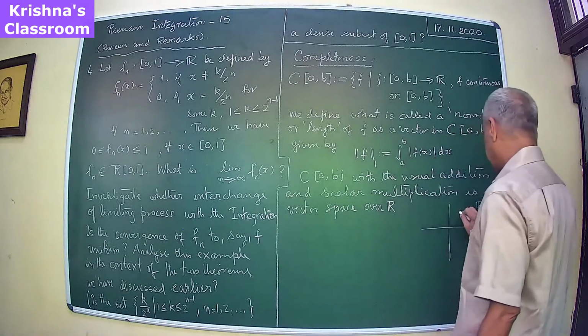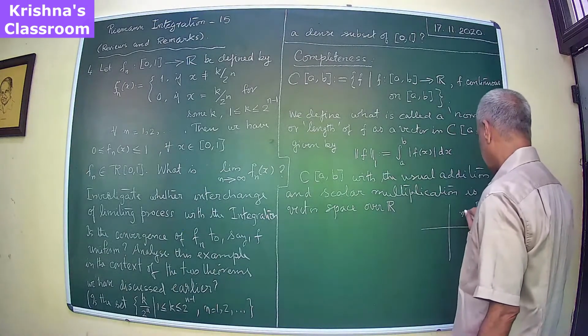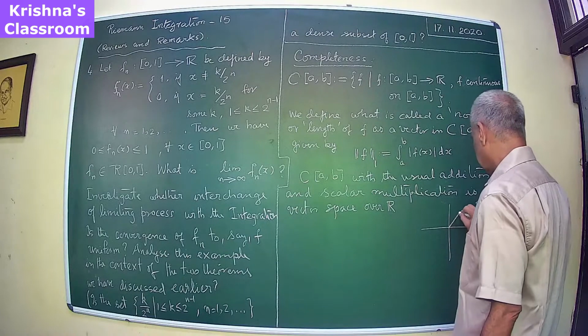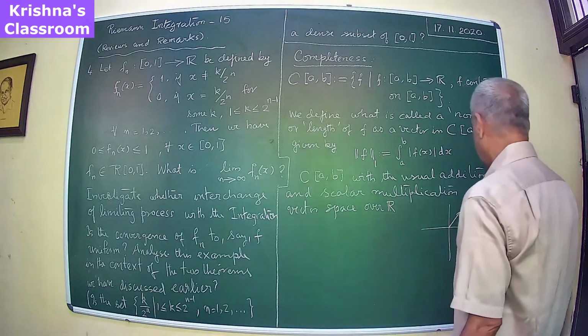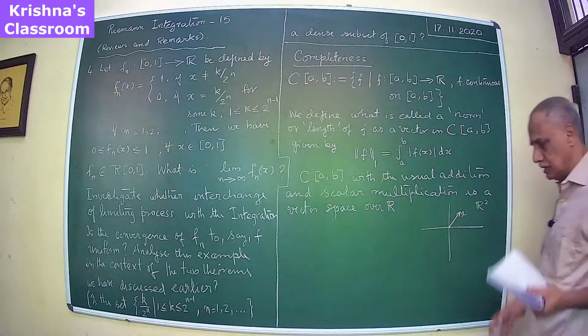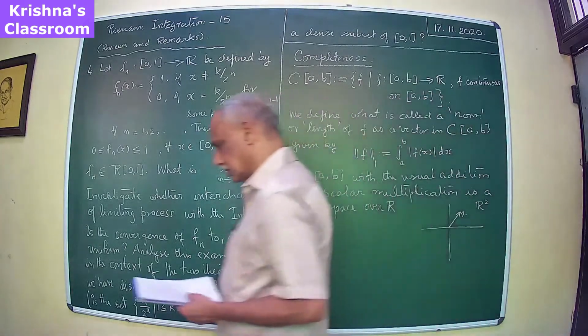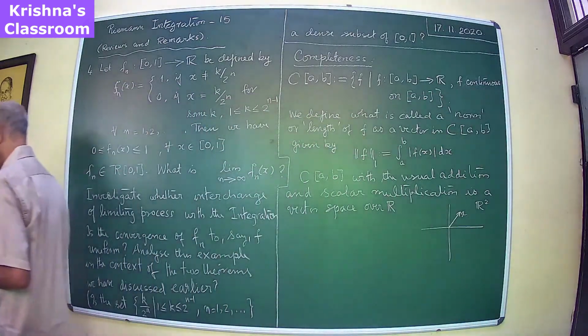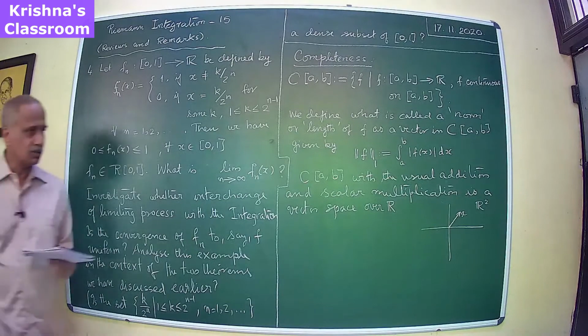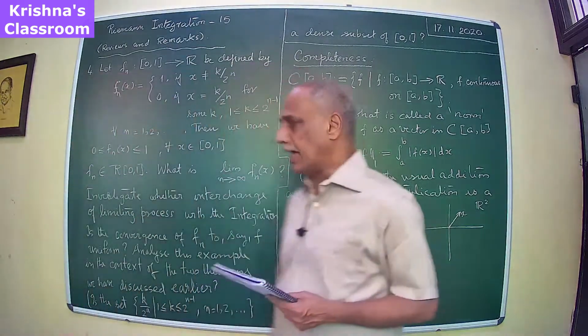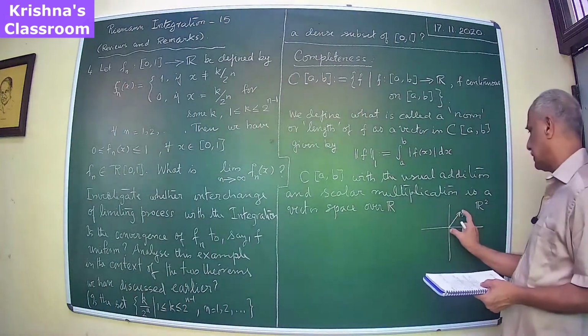So you have a vector x and this is the vector. And you know that the addition rule for vectors is the parallelogram law and so on. And you can associate with x its length.